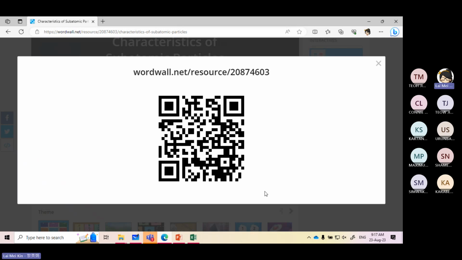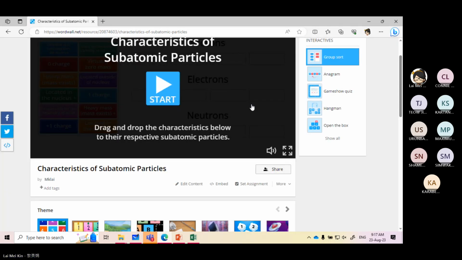Electron, what is the characteristic? Proton, what is the mass? What is the function? What is the charge? And neutron, what is the characteristic? I'll give you guys 1 minute, then we will discuss the answers. Remember to put in your student ID. That's how I track your participation in class.